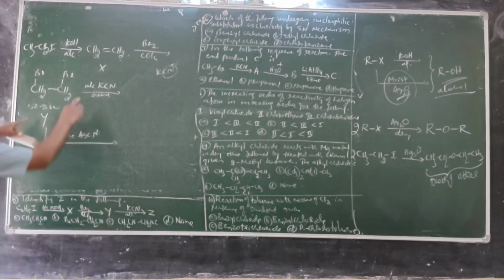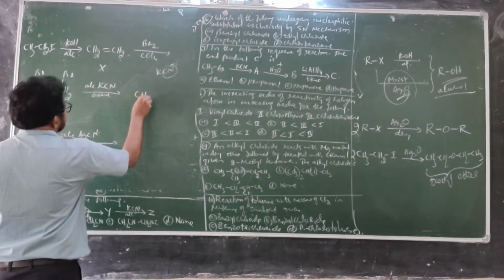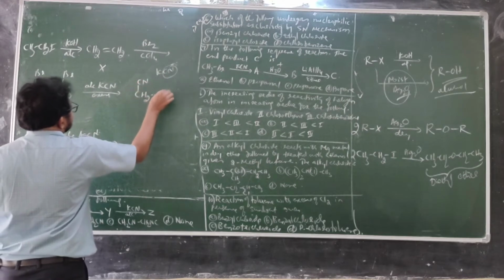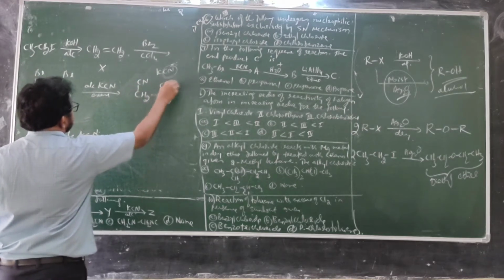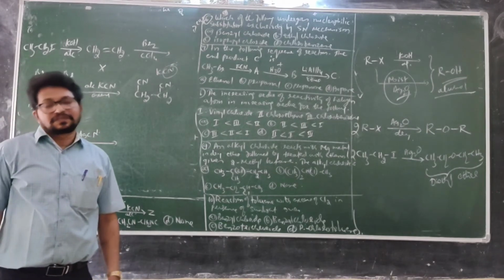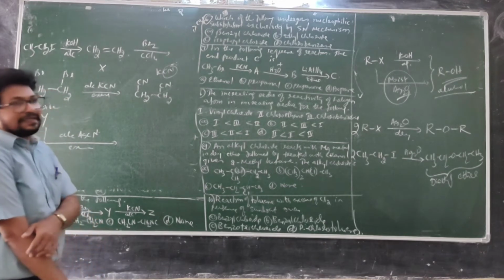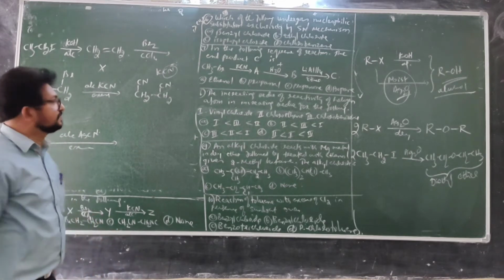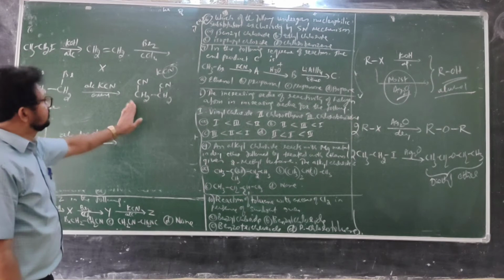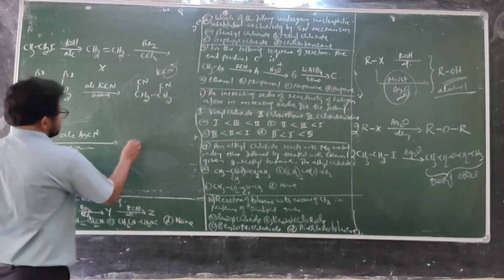Now what is the product? If you use alcoholic KCN excess, the product is CH2CN, CH2CN, butane-1,4-dinitrile. This is the product. Suppose if you use AgCN, tell me what is the product?